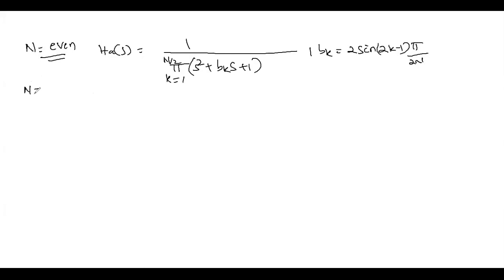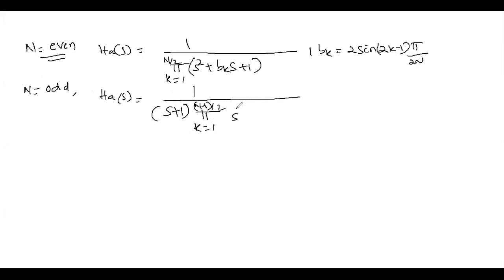And when n is odd, we get H of s equals 1 divided by (s plus 1) multiplied by the product for k equals 1 to (n minus 1) by 2 of s square plus bk s plus 1. In both cases I have taken omega c equals 1, but actually omega c is not equal to 1.